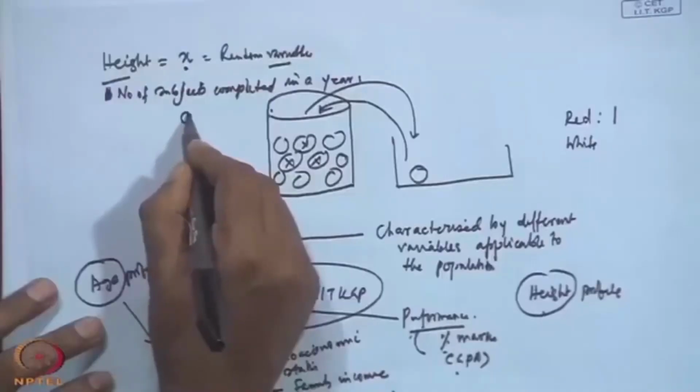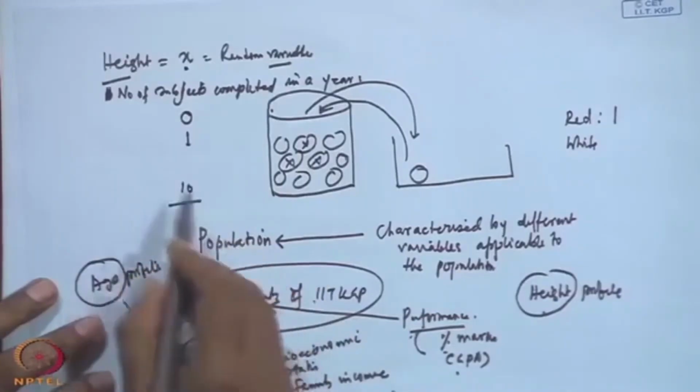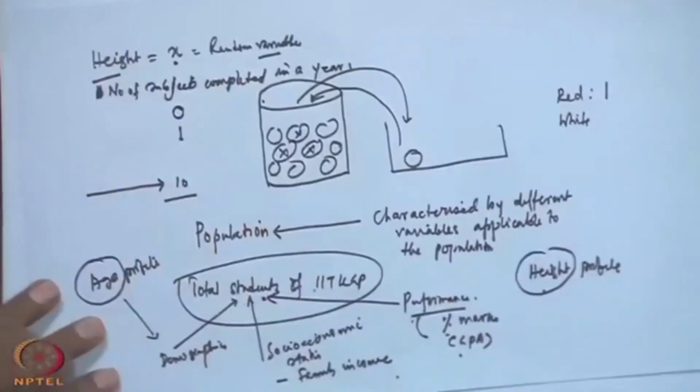So, if we consider 10 subjects to be completed, you may find some student with no subjects completed, some student 1, and so on up to 10, although it will be heavily biased towards 10, but this is possible.